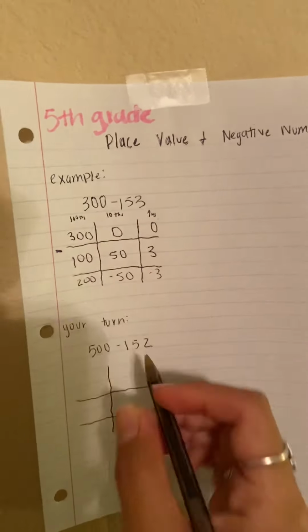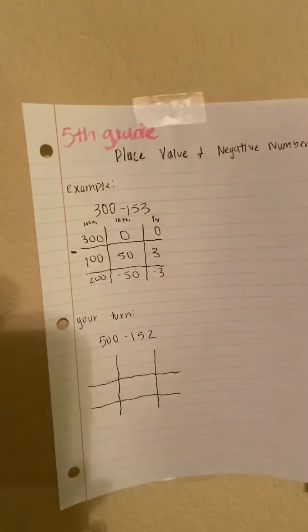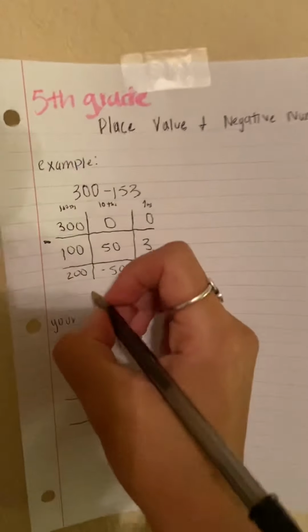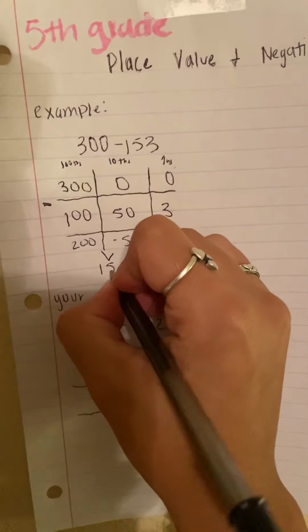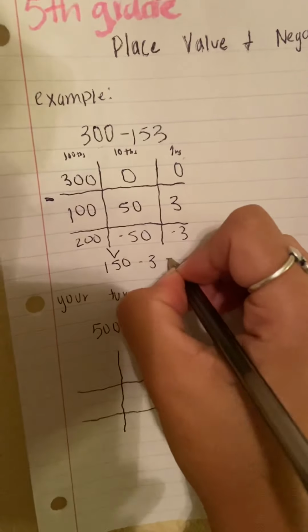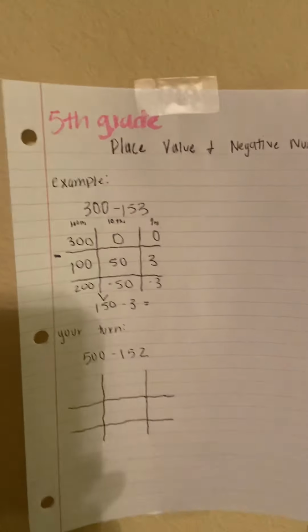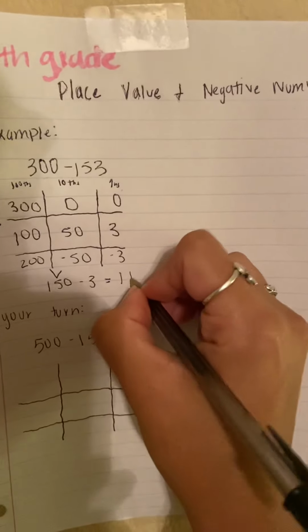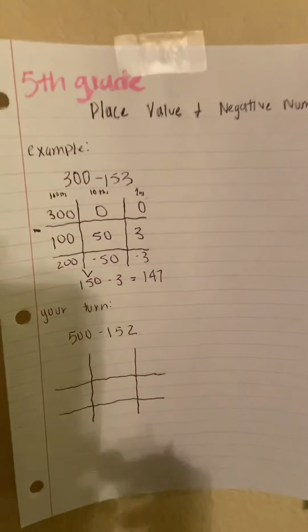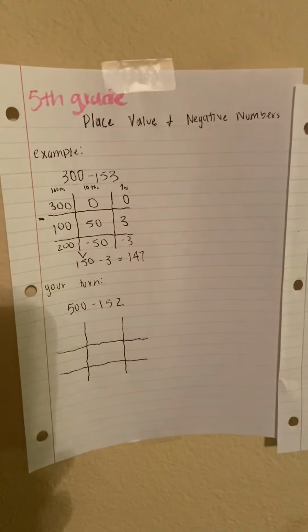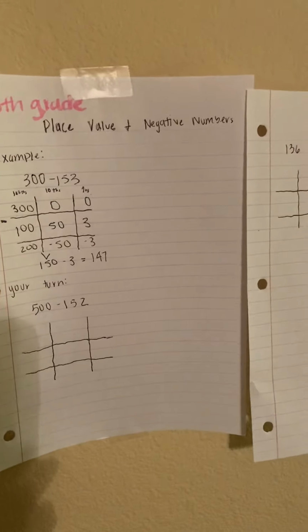And then we subtract these three bottom numbers. 200 minus 50 gives us 150, minus 3, and 150 minus 3 is 147. 147. And now we are going to give a chance for the students to practice on their own.